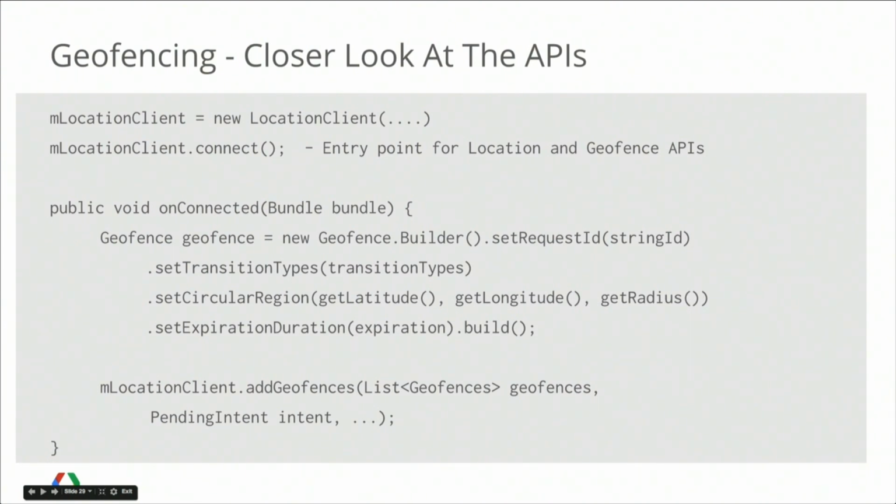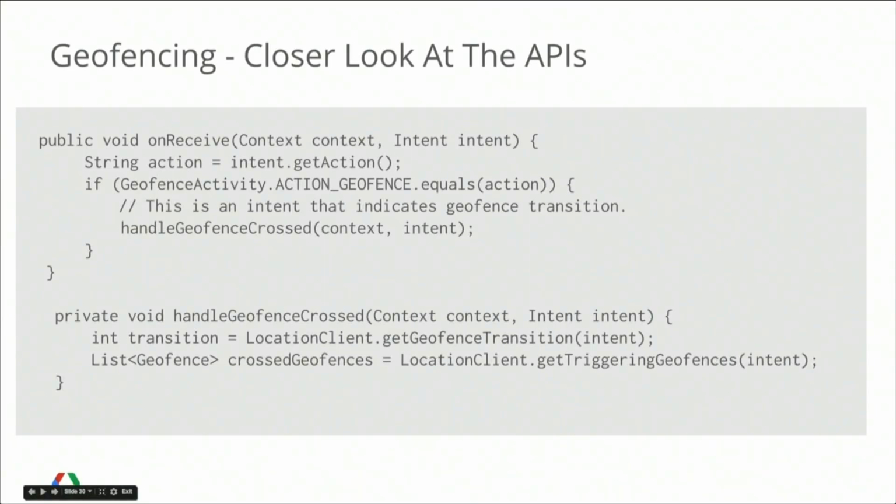Currently, we support circular geofences: the latitude, longitude, radius, and the time when the geofence will expire. One API, add geofences, takes a list of geofences and a pending intent. When a geofence transition happens, you'll get a callback. You can check which geofence has been breached and what the transition event was. That's it. One API for addition, one API for removal, and you can build these powerful apps.